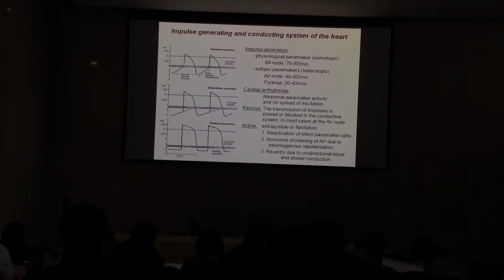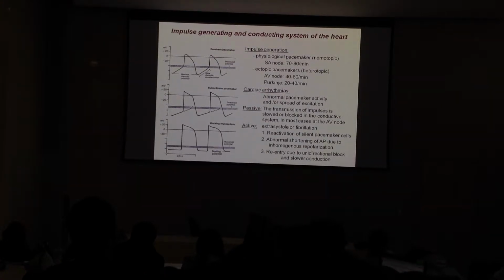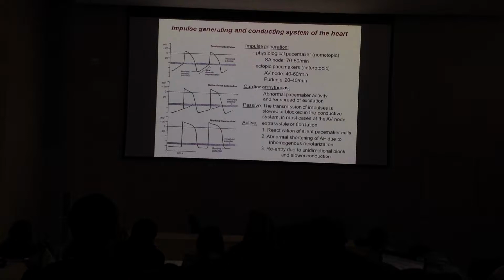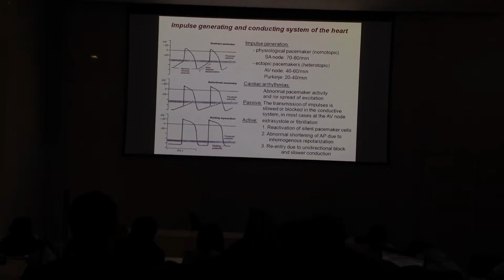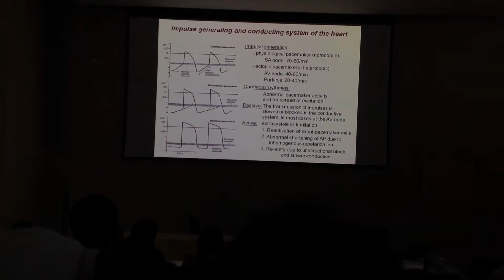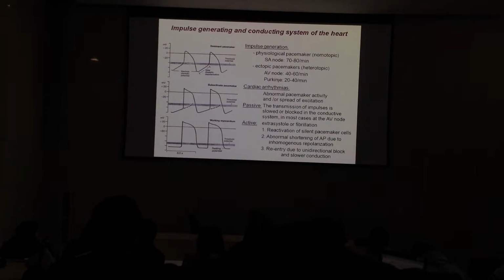And finally, we can find different pacemaker cells in the Purkinje fibers, which are neuronal structures, and the Purkinje fibers can generate action potentials only 20 to 40 times per minute. Therefore, this is the slowest place where action potentials can be generated.